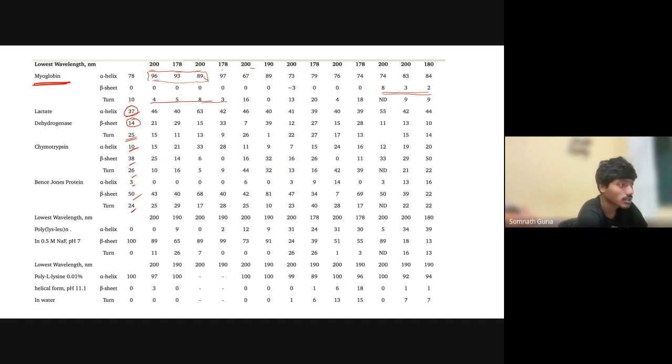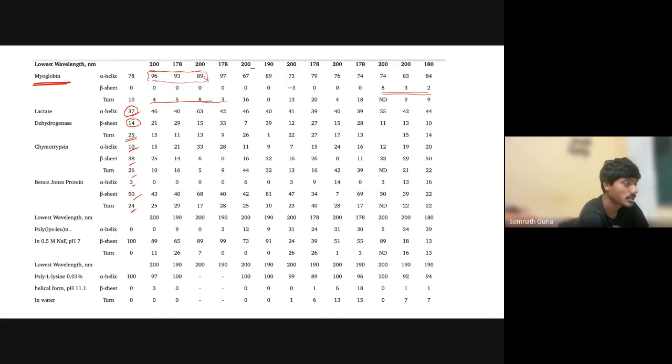Okay, and they also show different alpha helical or beta sheet structure at different pH. Let's suppose we have polylysine over here at pH 7. They show there is zero alpha helix present, only beta sheet, 100% beta sheet.